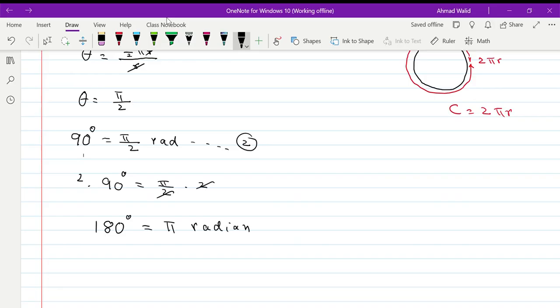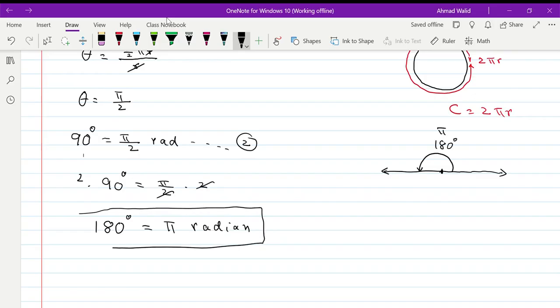It means if it's a line like this, if it's an angle, this is 180 degree. In terms of radian, we call it pi, correct? This one is actually the main formula for you. You have to memorize this. 180 degree is pi radian.